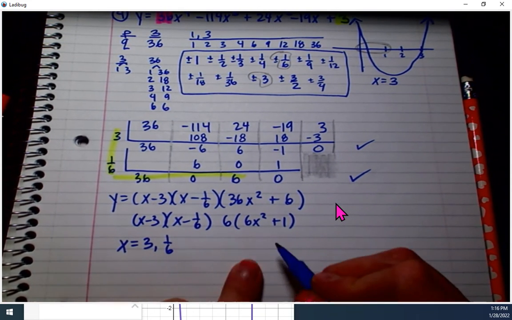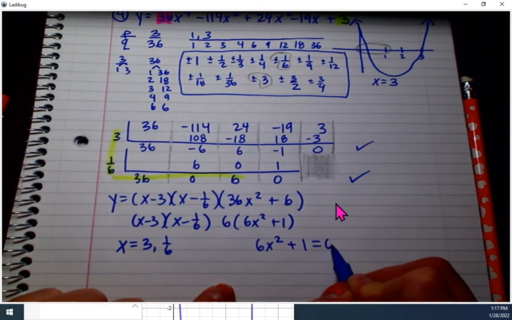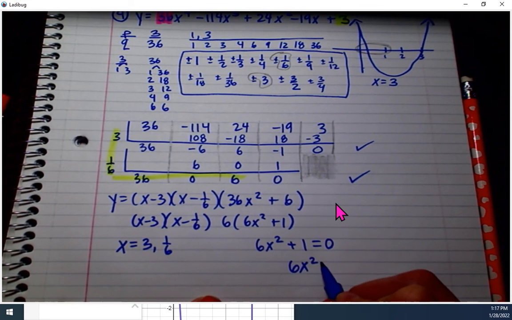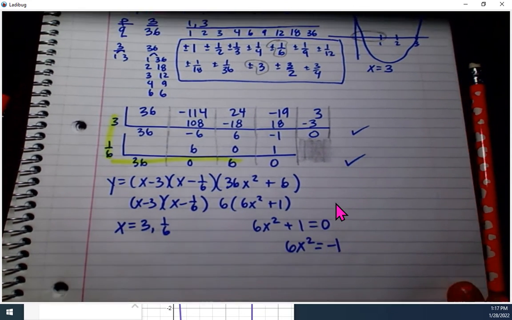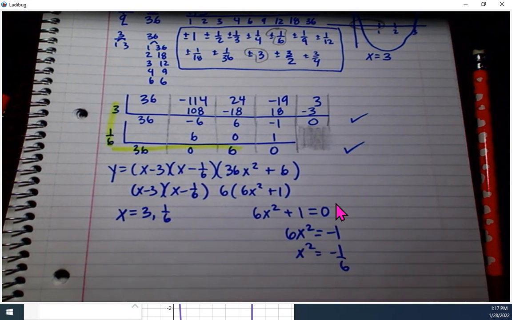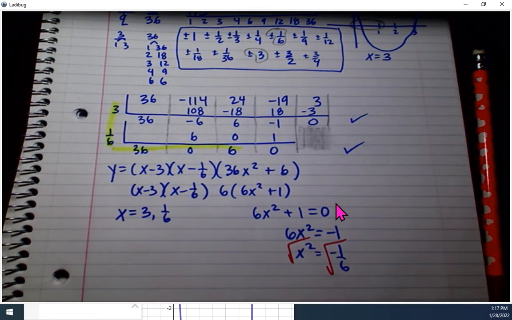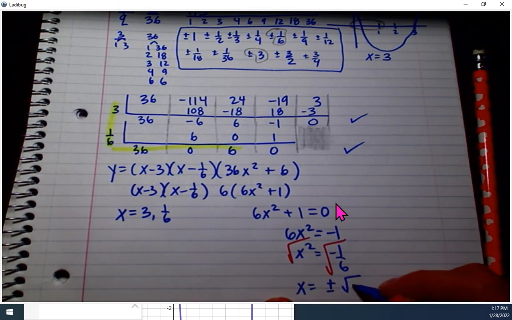All right. Oh, this factor equal to 0. Okay, I isolate. Square root. I know. Plus or minus. Okay, guys.